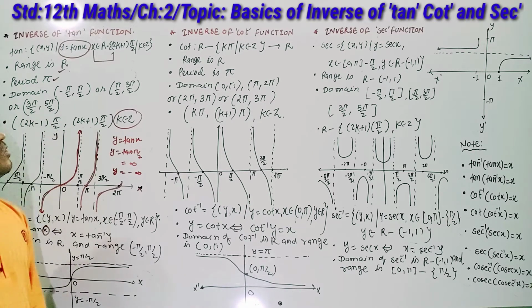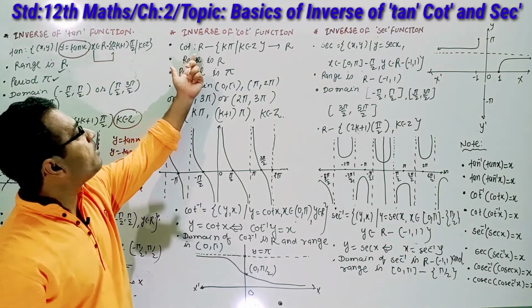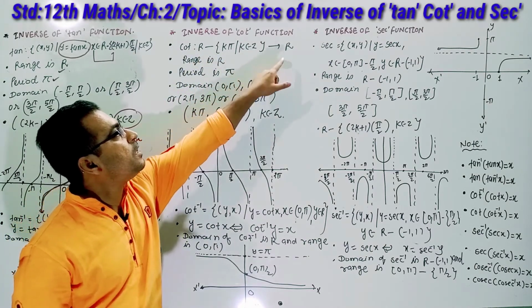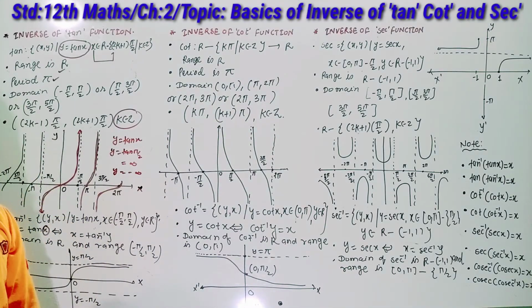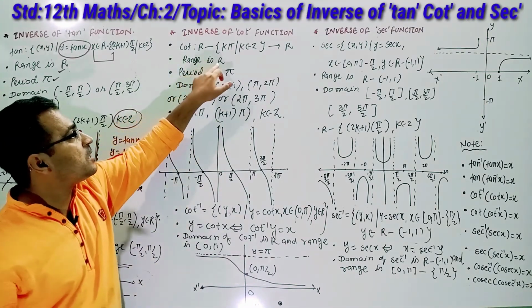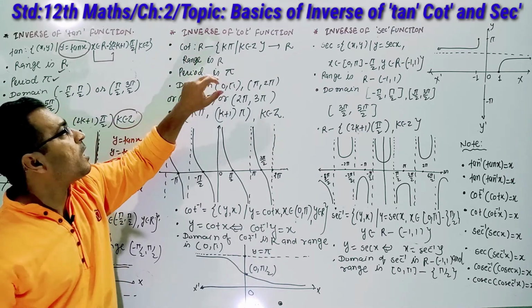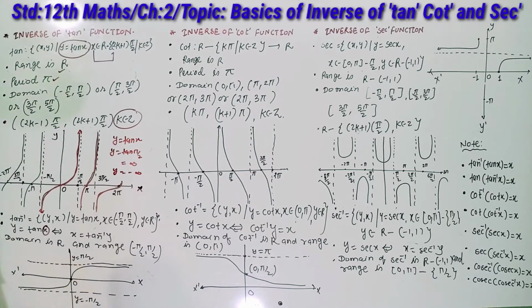Okay students, now moving to the cot function. We know that the domain of the cot function is R minus k pi, k belongs to Z, its range is R, and its period is pi. So after pi it will repeat the same path.